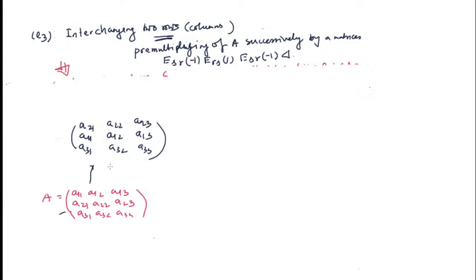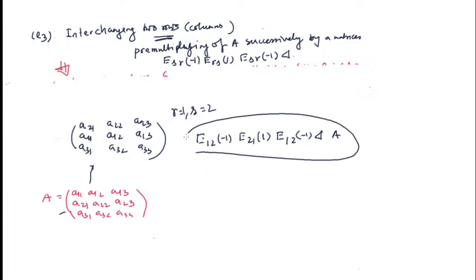So here your R is 1, S is 2, so this matrix gives this.